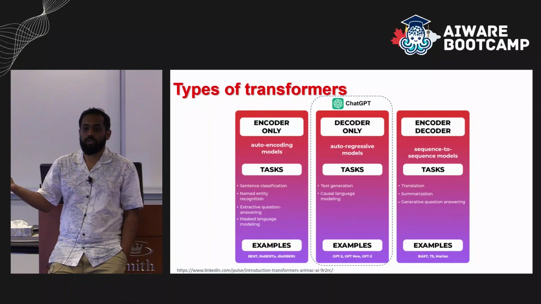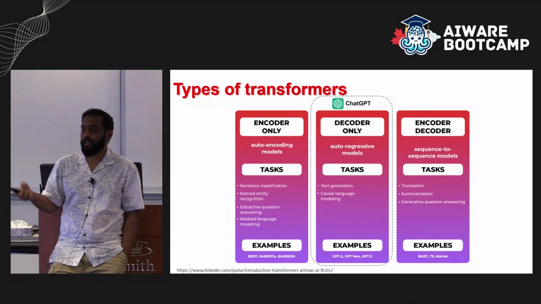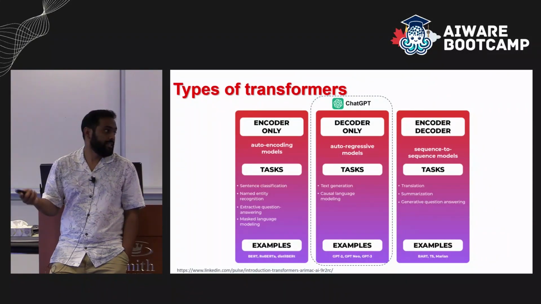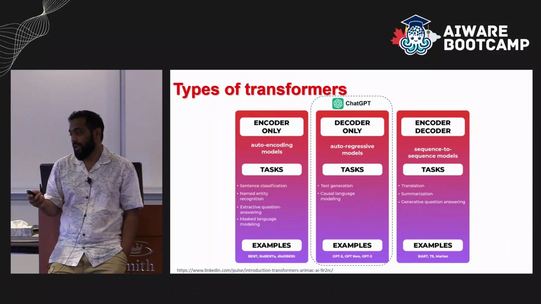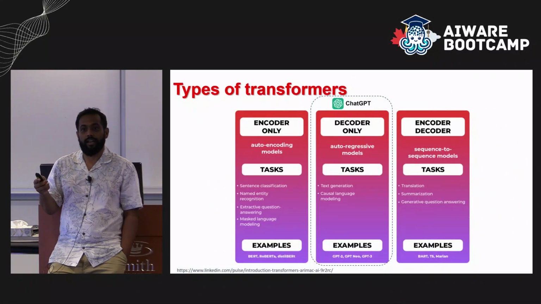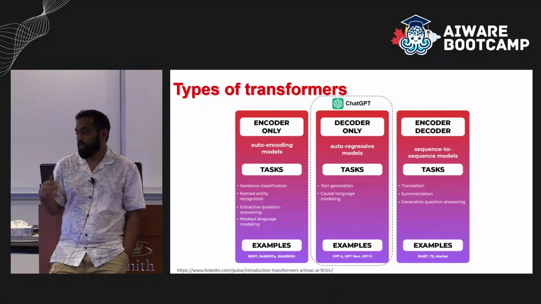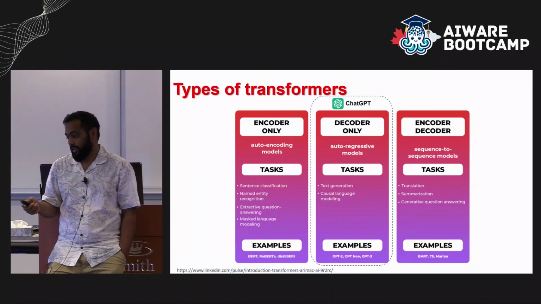So it's used typically for text generation or causal language modeling. And ChatGPT is a good example of the decoder-only model. And when we use encoder and decoder together, it is useful for tasks like language translation or summarization, stuff like that.